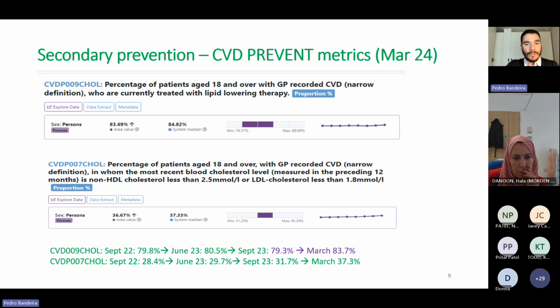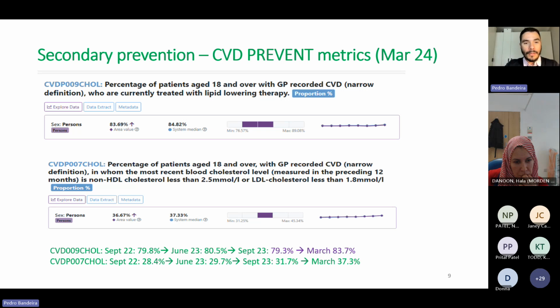And I tried to show here the improvements in the cardiovascular lipid lowering metrics since September 22 until now. For the CVD-009 cholesterol, which is the indicator of patients with GP recorded CVD and lipid lowering therapy, it was 79% 2 years ago, and now it's increased to 83.7% in Southwest London.